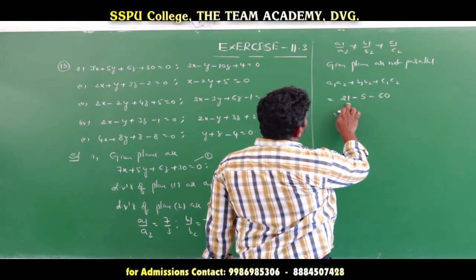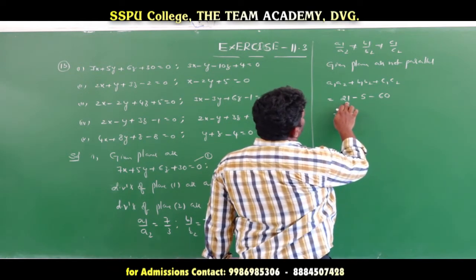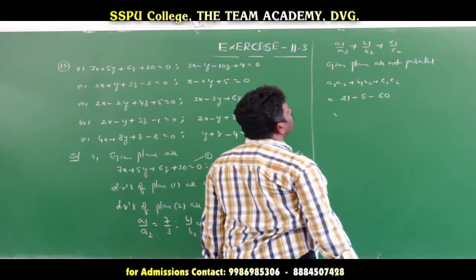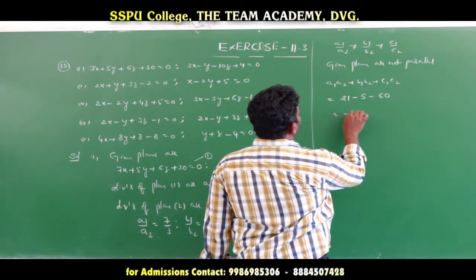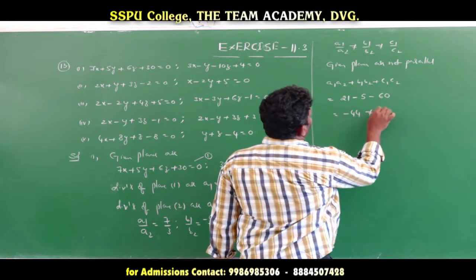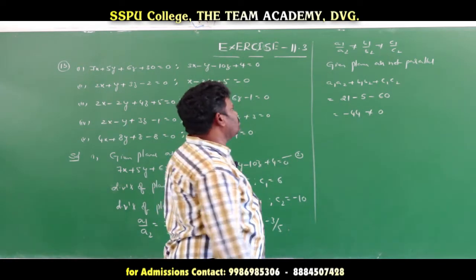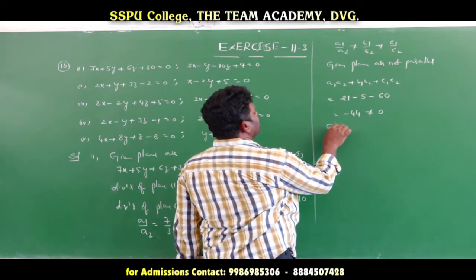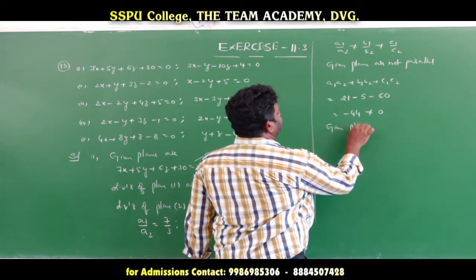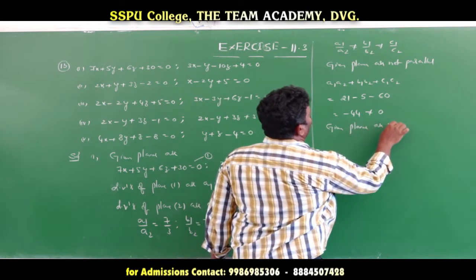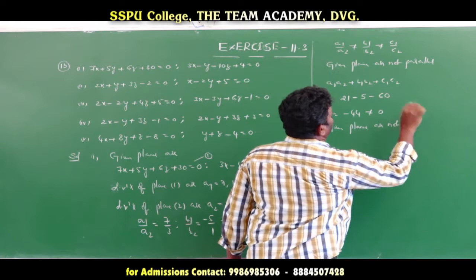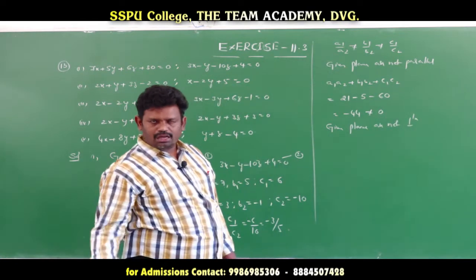Otherwise, if we add this, 9 plus 30 is 39, minus 5, means minus 44. This value is not equal to 0. So the given planes are not perpendicular.